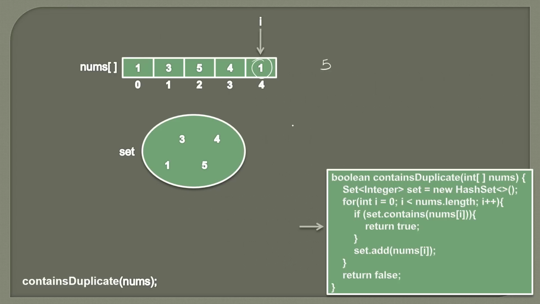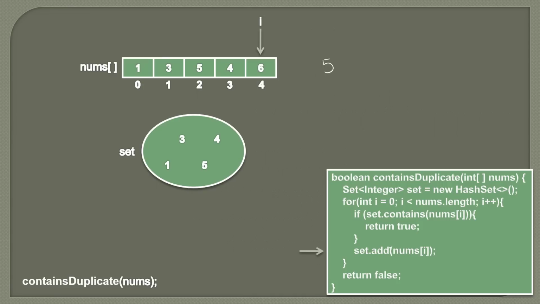Now let's say our array doesn't contain duplicates. So instead of 1, we put a 6. So after placing 1, 3, 5, 4 into the set, the last element would have been 6. If we do set.contains 6, it returns false and the if block doesn't get executed.